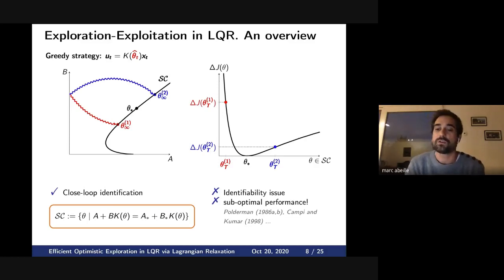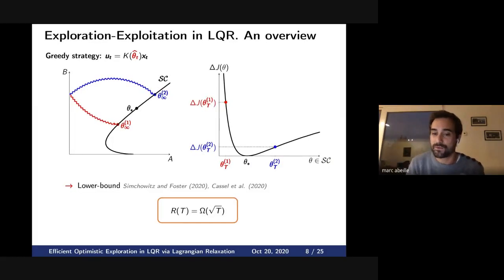For instance, we have the work of Polderman, who fully characterized this self-coherent set and the shape of this suboptimality function, delta J. It means that there is an exploration-exploitation trade-off, but it has been recently at the core of the results of Simchowitz and Foster and Cassel et al. at ICML this year, so very recently, who provided a lower bound and formalized that square root of T regret is unavoidable in the LQR setting. And this directly follows from the structure of the self-coherent set and the shape of the suboptimality function delta J.